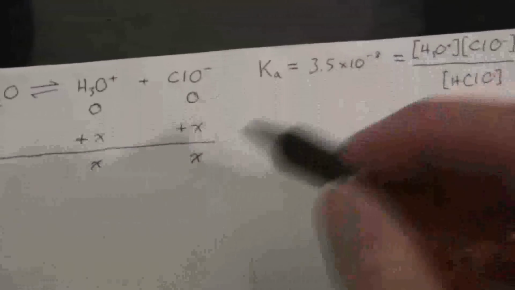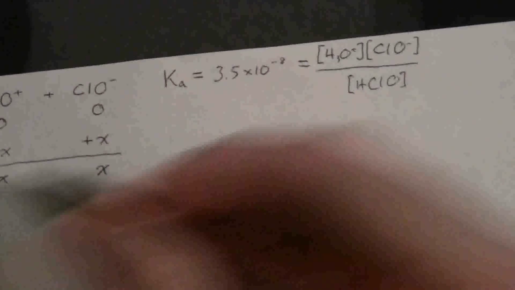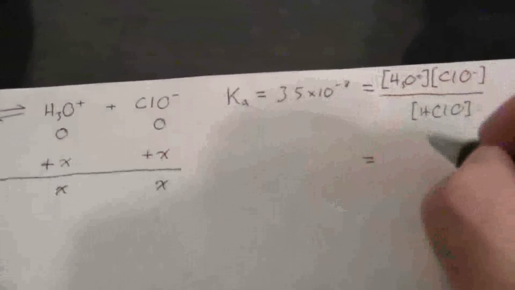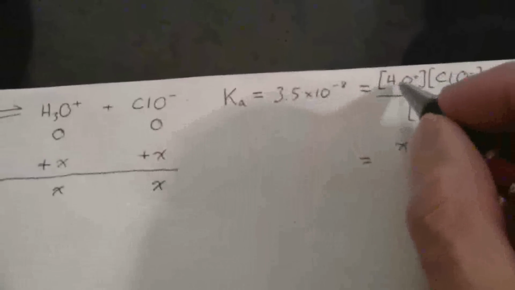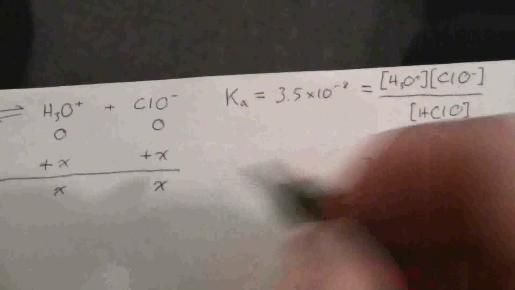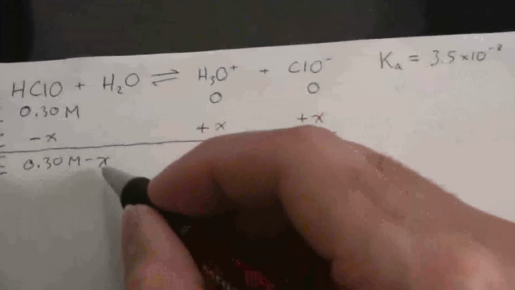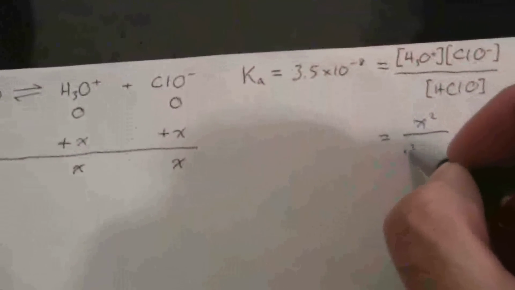So here we have our equation. We can put in the equilibrium concentrations from here, and what we'll end up with is x squared on top from the two concentrations, each one being x, divided by the HClO's concentration, which is 0.3 minus x.